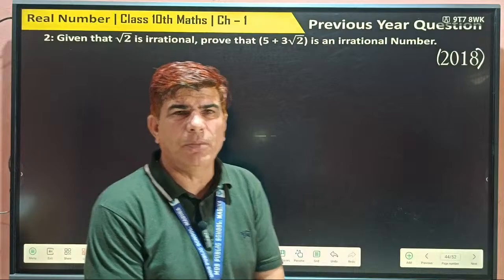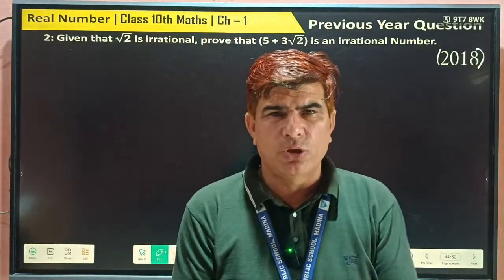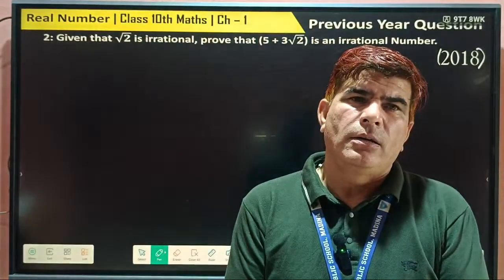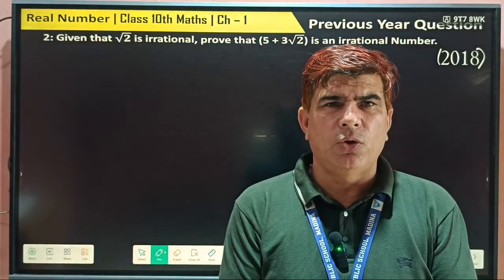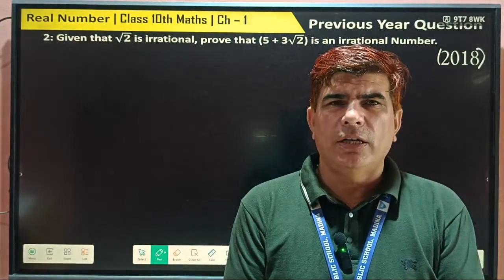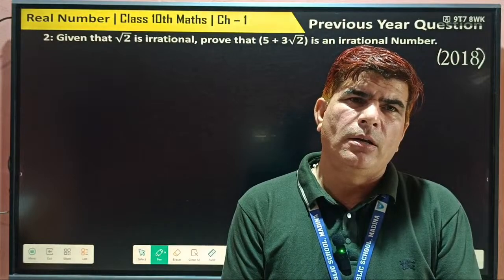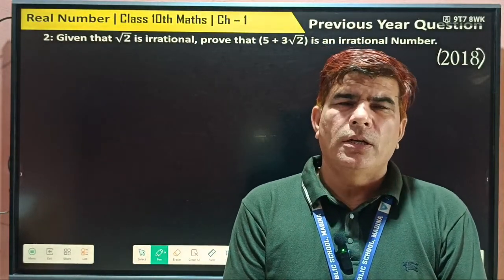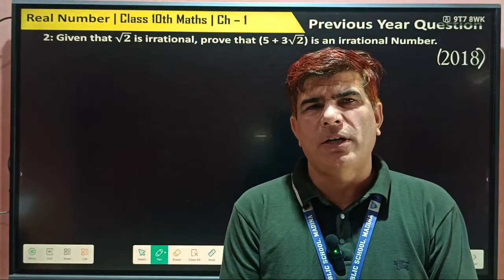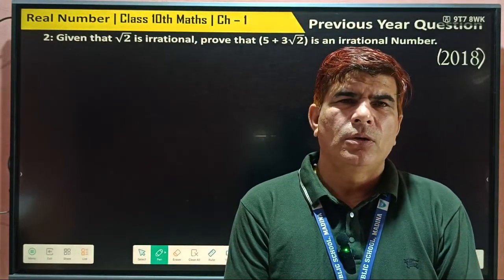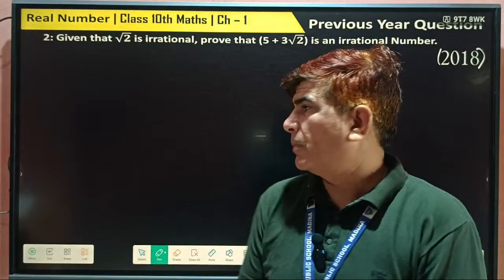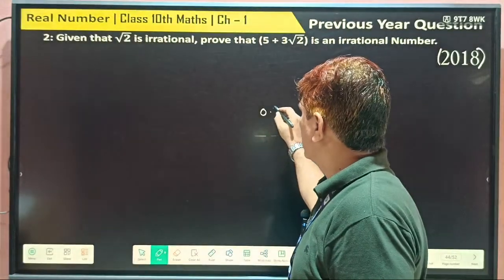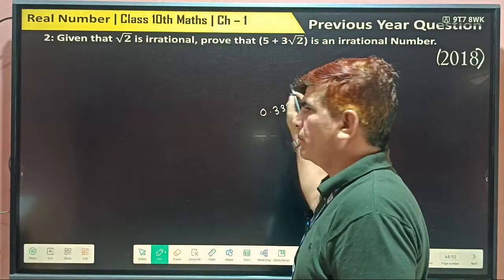What are irrational numbers? Irrational numbers are those real numbers which are non-terminating, non-repeating, and non-recurring. Non-terminating means that if the numerator is divided by the denominator, the remainder does not come 0 after a finite number of steps. Non-repeating, like 0.3333, is a repetition of 3.